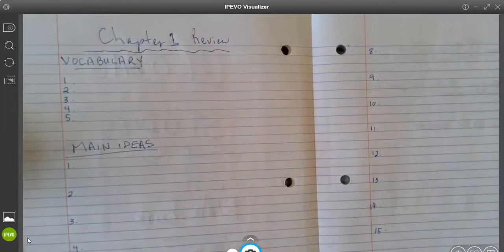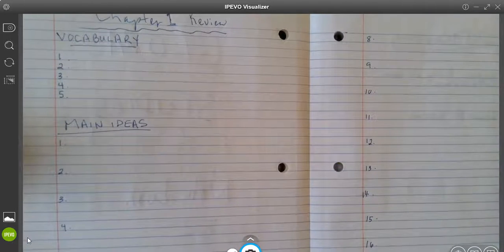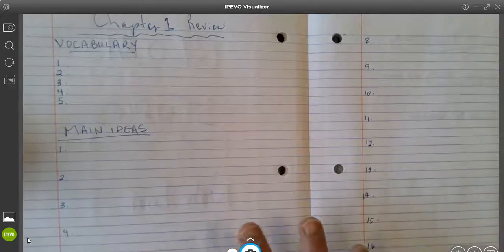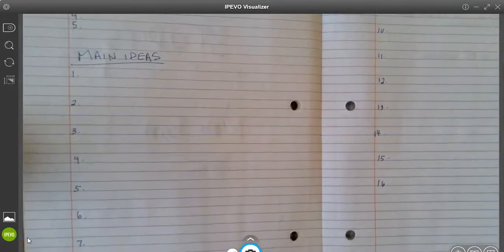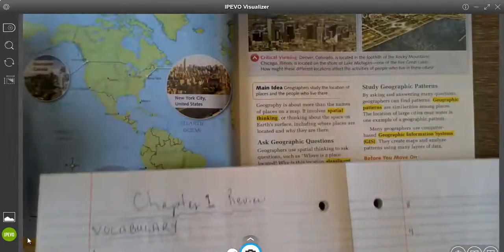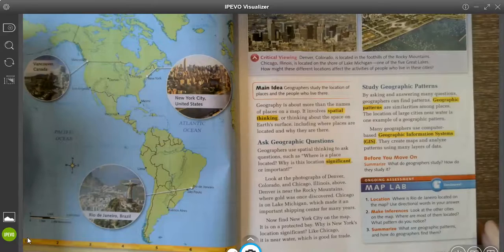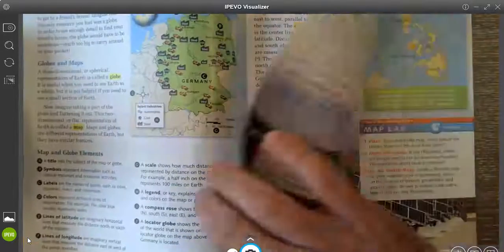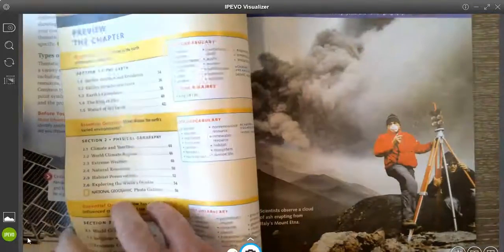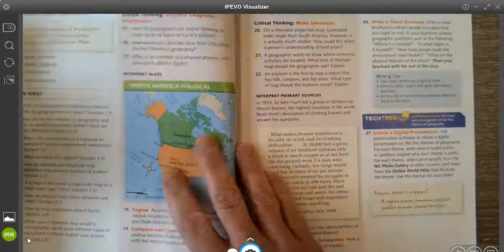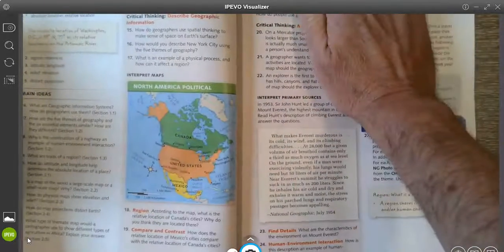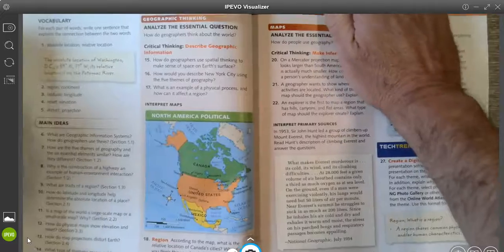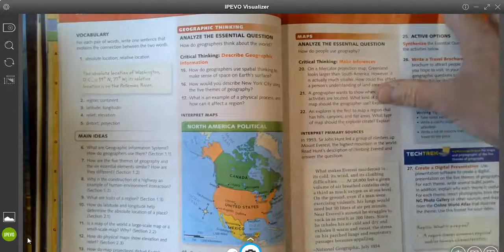That way, I always know where it is, and I can easily go back to that chapter review page when I'm reviewing and getting ready for a test or quiz. So the chapter review for this first chapter is on page 30 and 31.